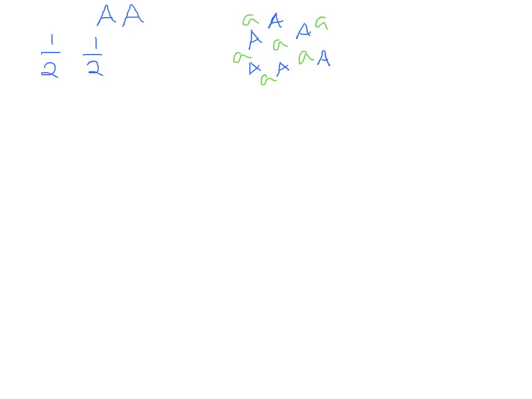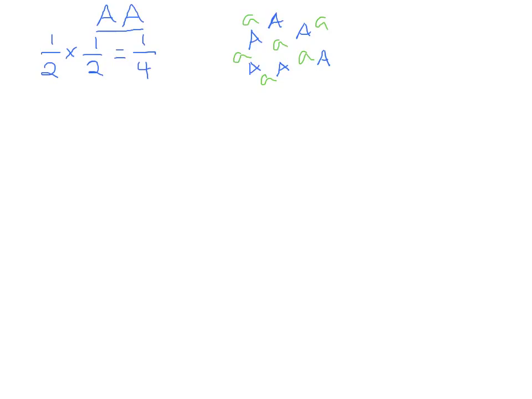And if we use our mathematical laws of fractions, then we know that the probability of pulling out a capital A and a capital A, we multiply those together, and that gives us 1/4. So the 1/4 of my next offspring, the next generation, will be the homozygous dominant for this trait of blue eyes.